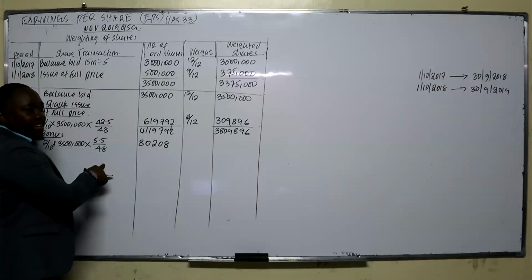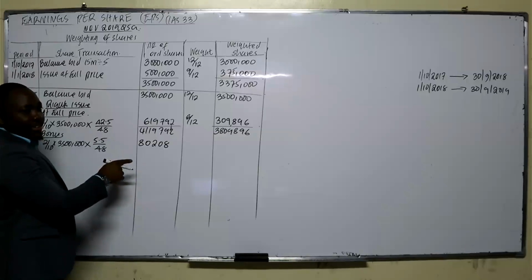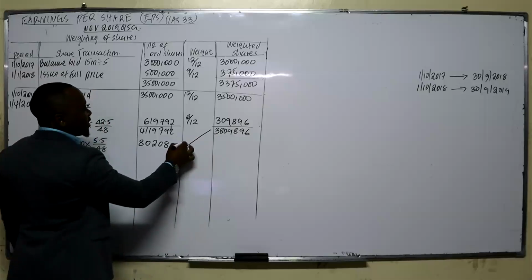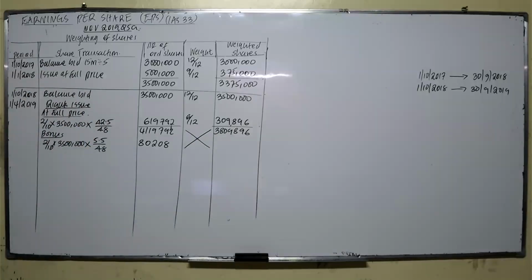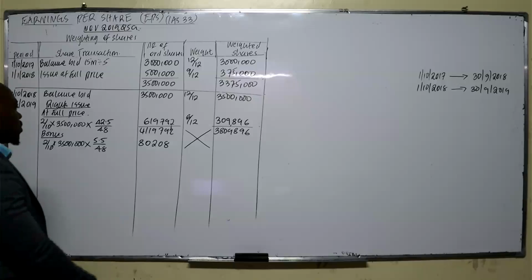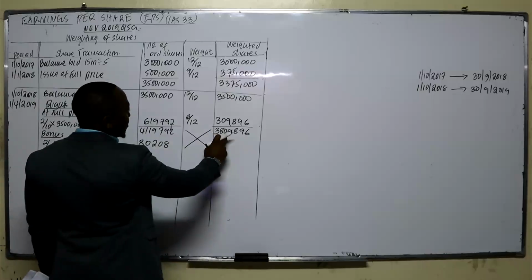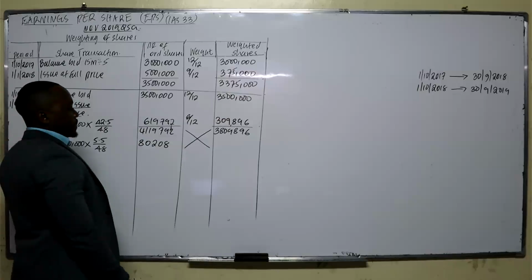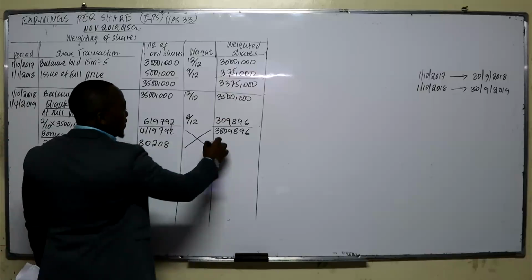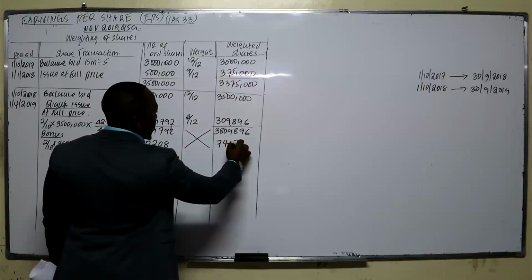Bonus share, they are not weighted, right? What do you do? You cross multiply. Just cross multiply. Issue of share, no consideration, are not weighted. You just cross multiply. So just take 80, you multiply by that 809, divide by 4119. 74? 175.